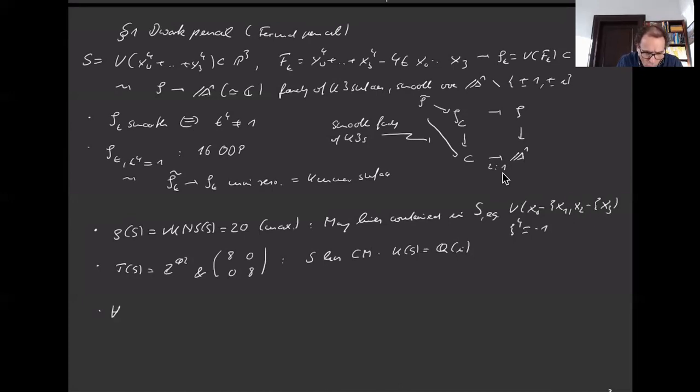It turns out that for all T, the Picard number of the fiber is at least 19. Okay.